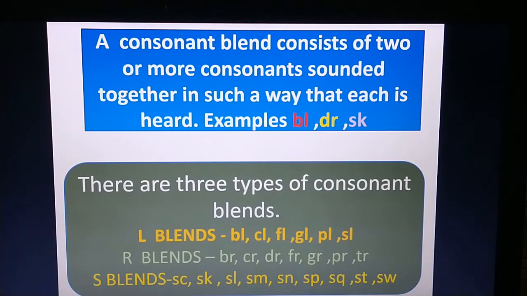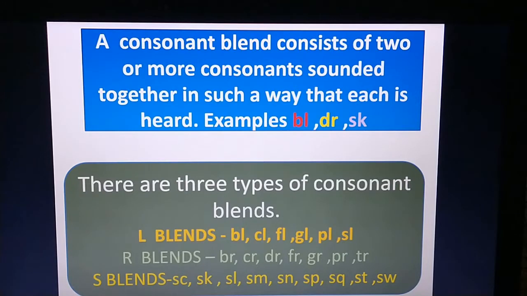When we blend C and R, kr. All of you say together, kr. D and R, dra. F and R, fra. G and R, gra. P and R, pra. T and R, tra. Now S blends.